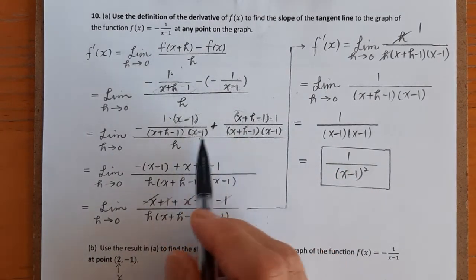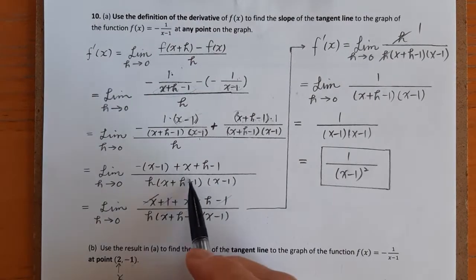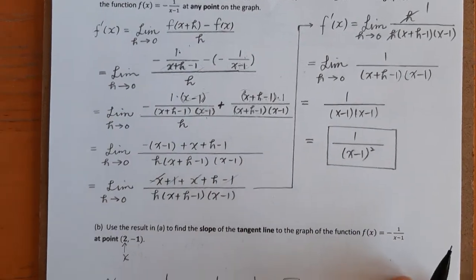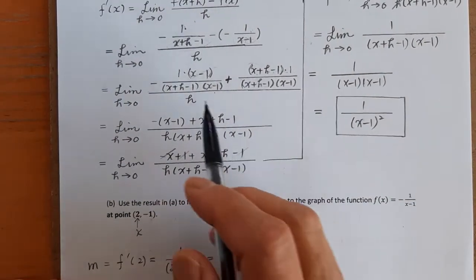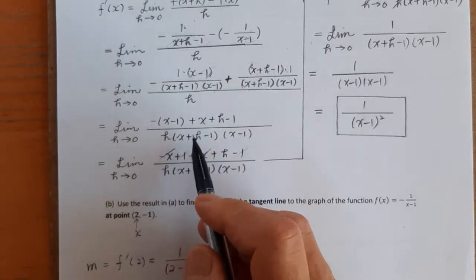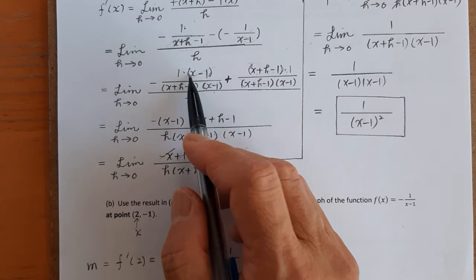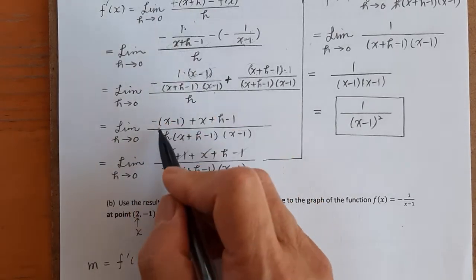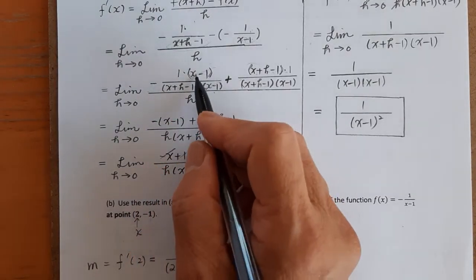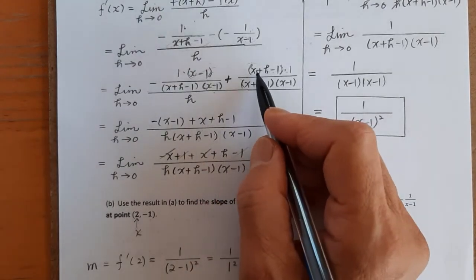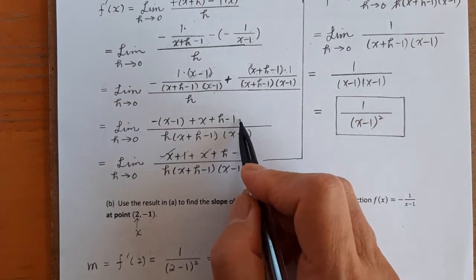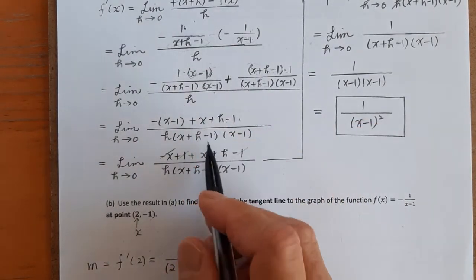Now they have the same denominator, so the numerator you can add together. It becomes x plus h minus 1 times x minus 1 in the denominator. In the numerator, negative, put the parentheses, x minus 1, plus x plus h minus 1, over h.